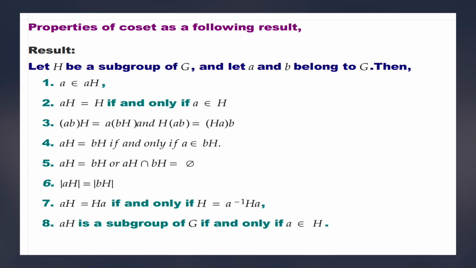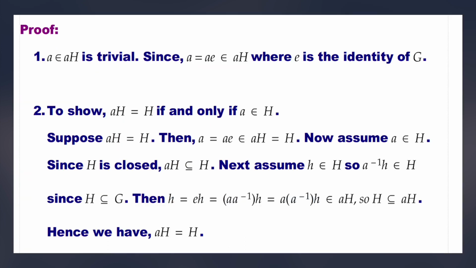The eighth one is aH is a subgroup of G if and only if a in H. Let us prove here. The first one, a in aH is trivial since a is equal to ae in aH, where e is the identity of G.